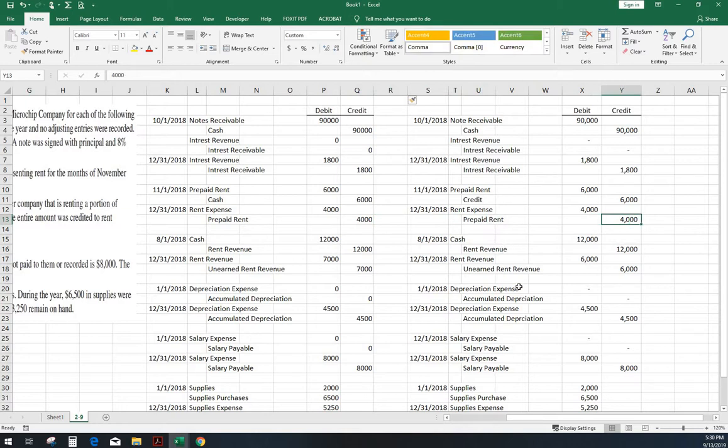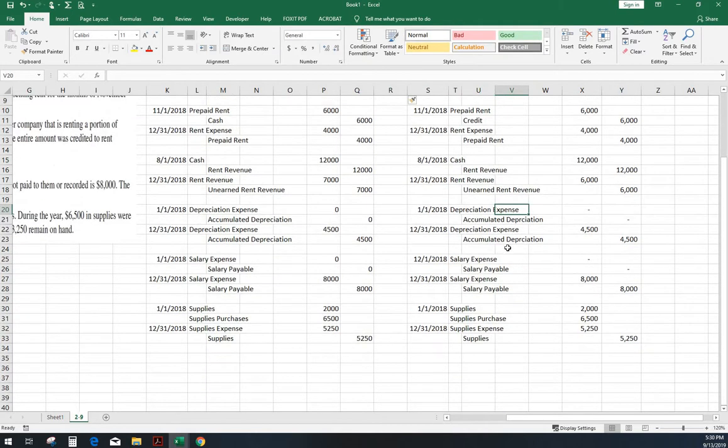Then we have depreciation expense 4,500 debit and accumulated depreciation. I skipped one here. Rent revenue 7,000.